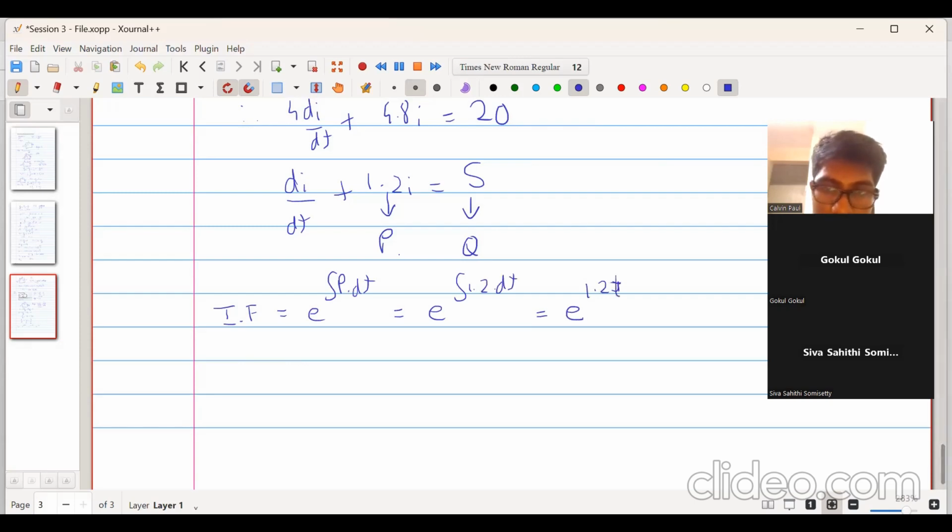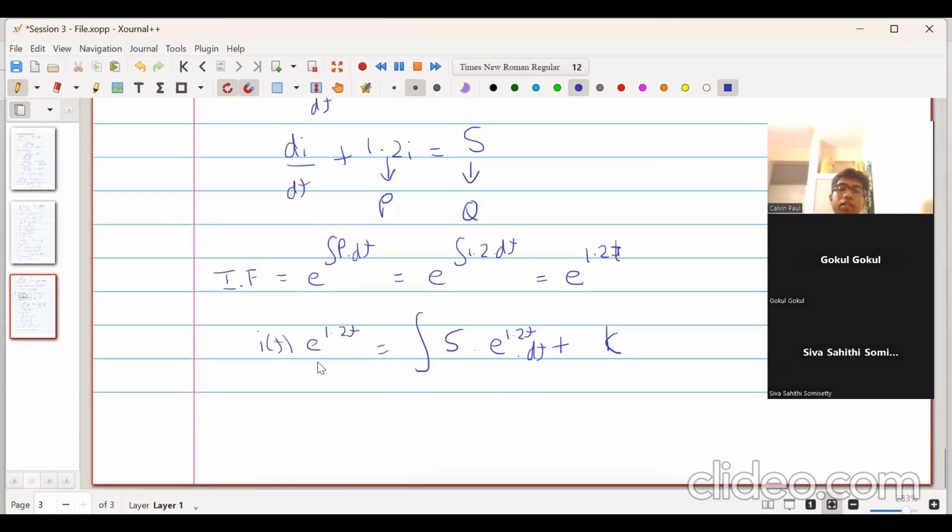So the solution will be I of t into e raised to 1.2 t is equal to integration of 5 into e raised to 1.2 t dt plus some constant k. Any doubts in this? No, sir.